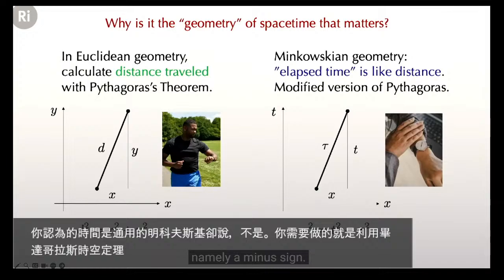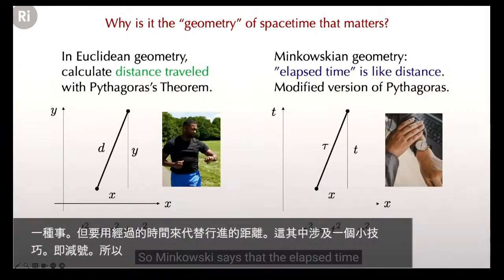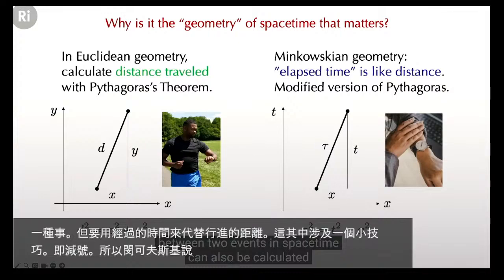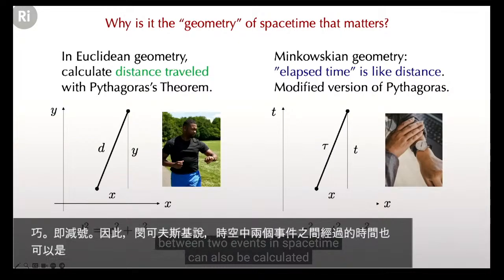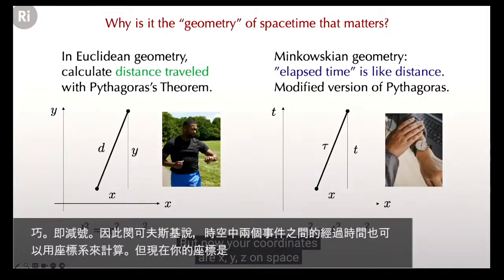a minus sign. So Minkowski says that the elapsed time between two events in space-time can also be calculated in terms of a coordinate system, but now your coordinates are x, y, z in space and t in the time direction.